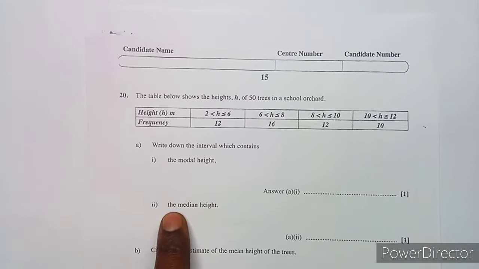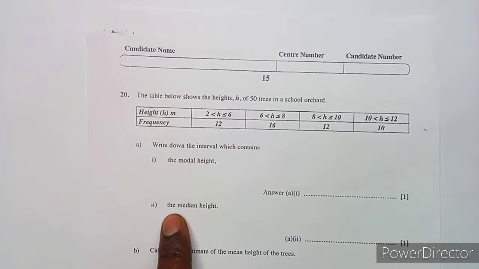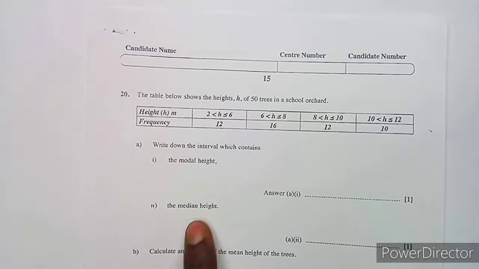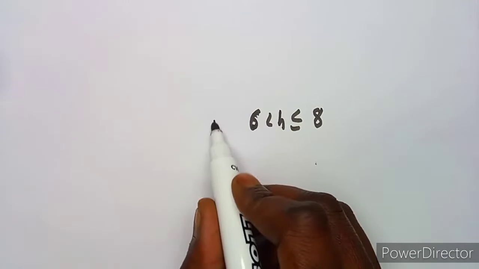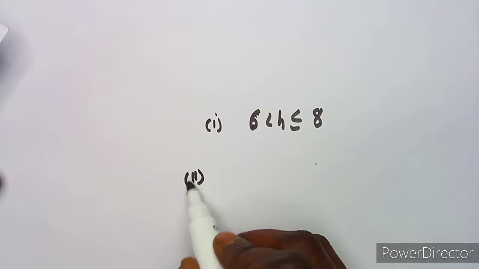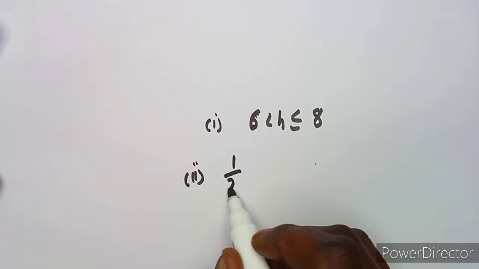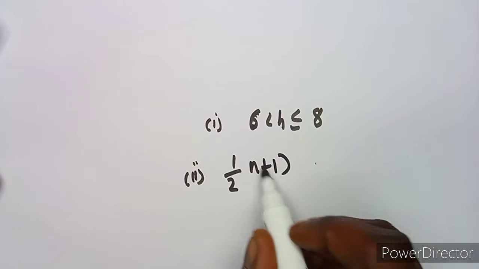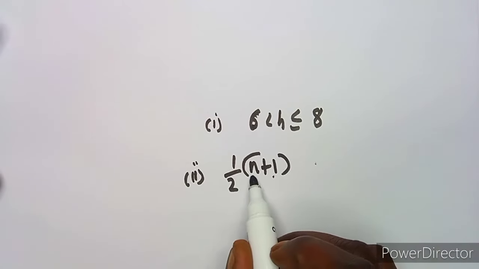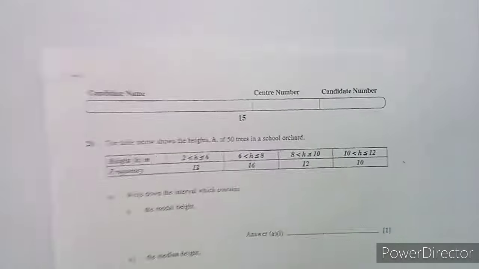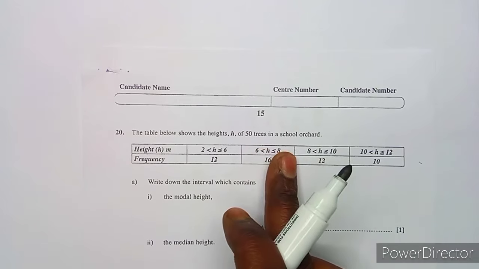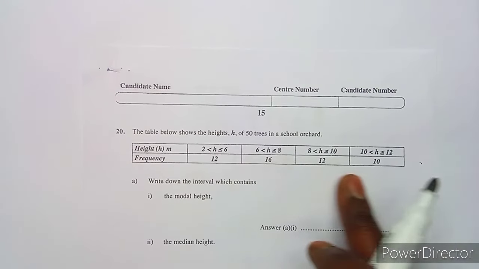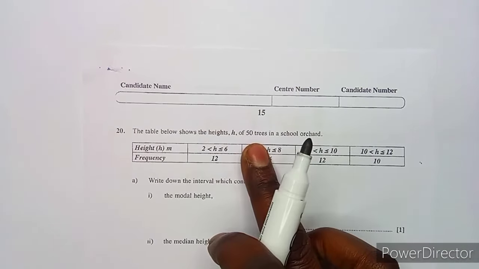Okay, the median height. For the median height, you find half of the distribution so that you can actually find it. The distribution means n plus 1, where n is the total frequency, the total number of trees in the school orchard, which, if you add these, you're going to obtain 50.